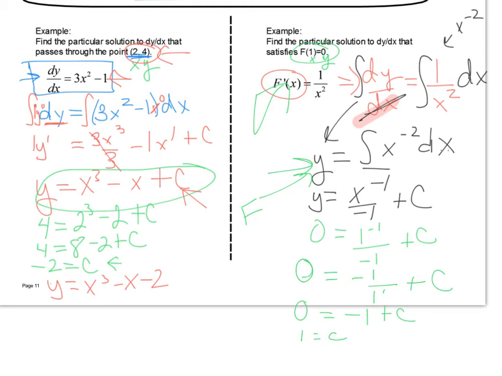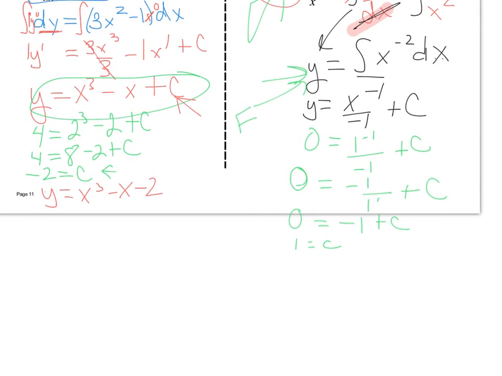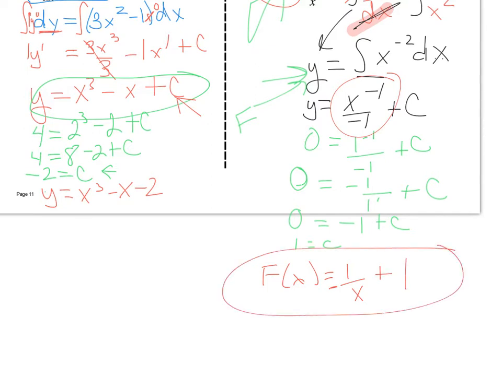Okay, so our big F, our antiderivative for this particular solution that goes through that particular point, is negative 1 over x plus our c, which is 1. That's the particular solution instead of just this random one going through one point.